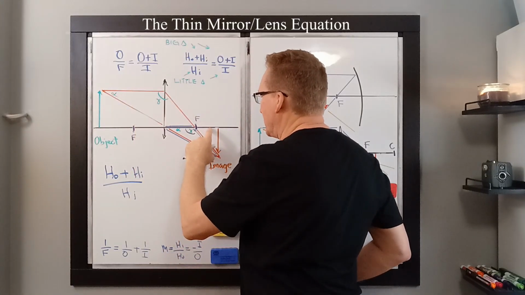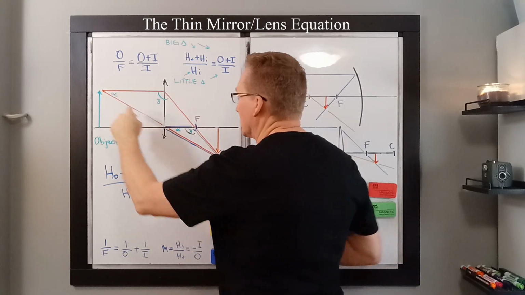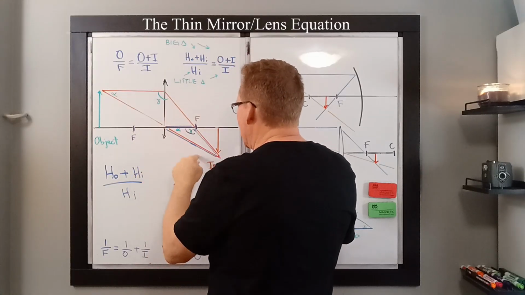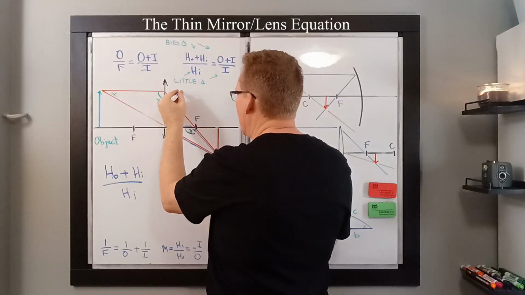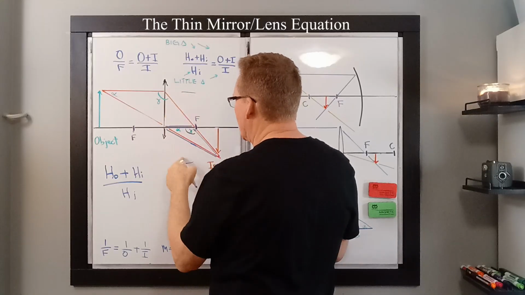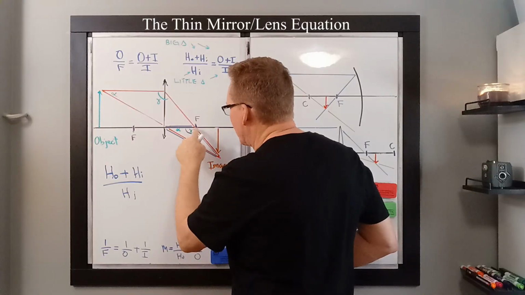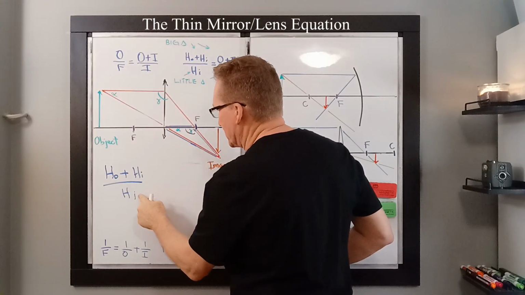What's the height of the image? That's over here. That's the entire distance up and down for the little triangle. This distance from here all the way down to here is the entire height of the entire big triangle. If you can see that, it's from here all the way to here, the entire big triangle. Whereas that second thing here is just from here down to here of the little triangle, which is just the height of the image.